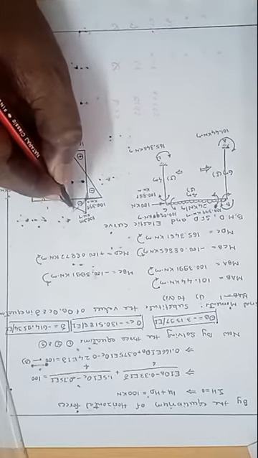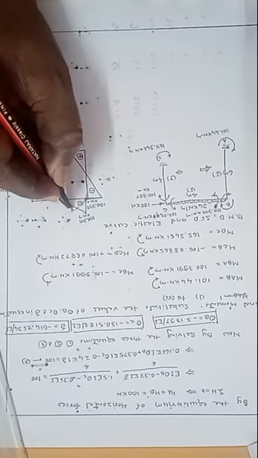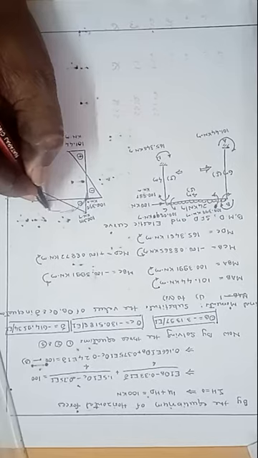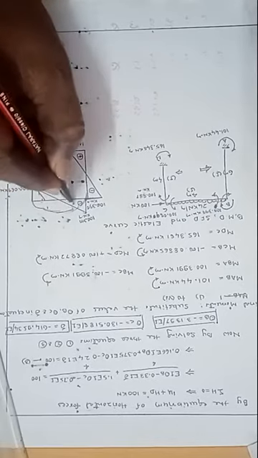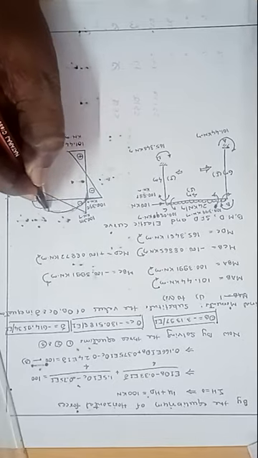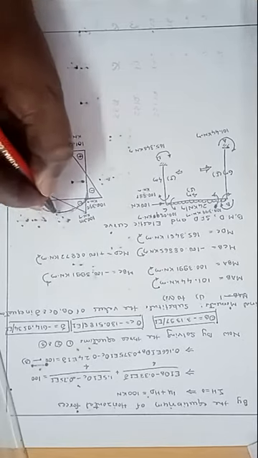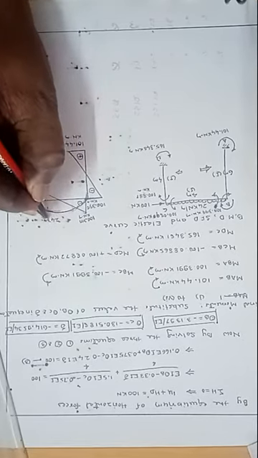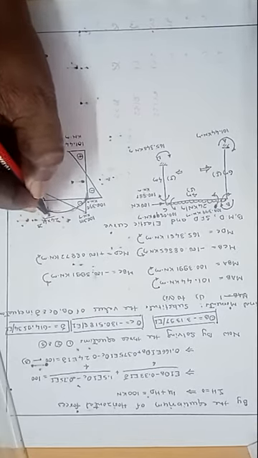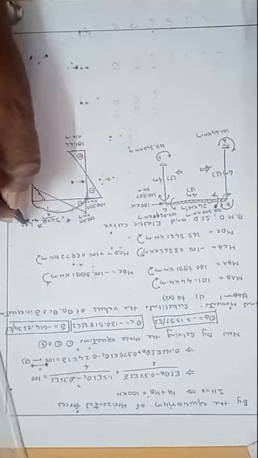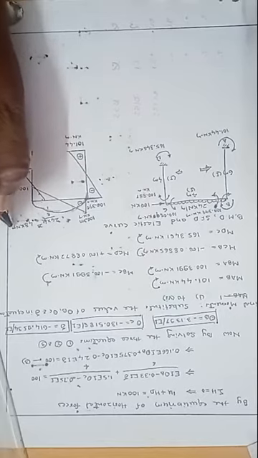At the center, the bending moment is, that is a curve, WL square by 8, that is 24 into 4 square divided by 8, that is 48 kilonewton meter.